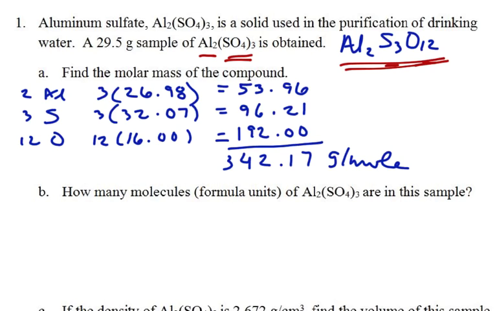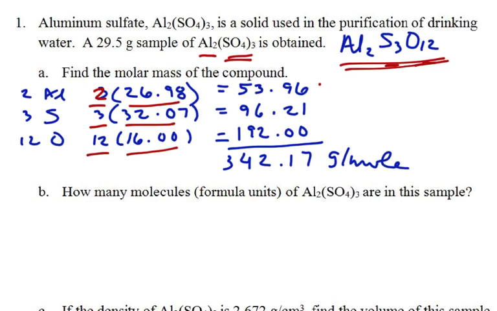Now the next part is standard. So we look in the periodic table, we see that the aluminum weighs 26.98, sulfur weighs 32.07, and oxygen weighs 16.00. And I have 2 aluminums, that should be a 2. We should have 3 sulfurs and 12 oxygens.